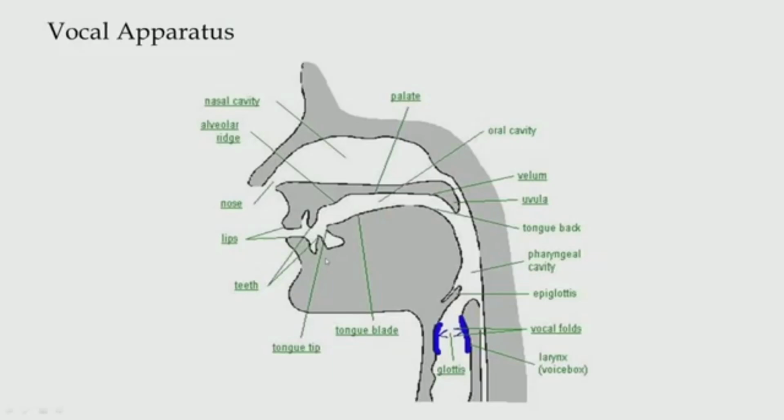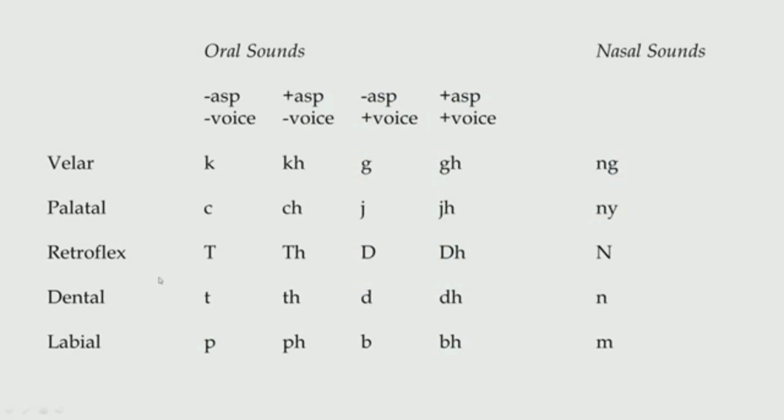Alright? Now, these are the places of articulations in the oral cavity for the four sounds that we have just discussed. Alright? Now, let me take you to two more sounds. One that is there on this picture, that is there in this chart, and the other that is not there in this slide.